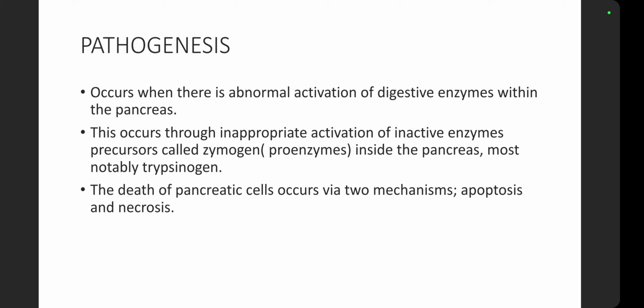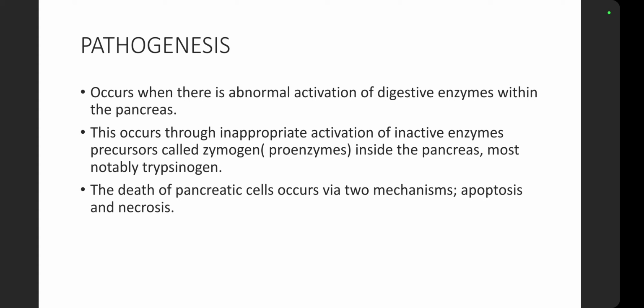So pathogenesis. This occurs when there is abnormal activation of digestive enzymes within the pancreas. You know that the main function of digestive enzymes is to break down food from larger molecules into smaller molecules.